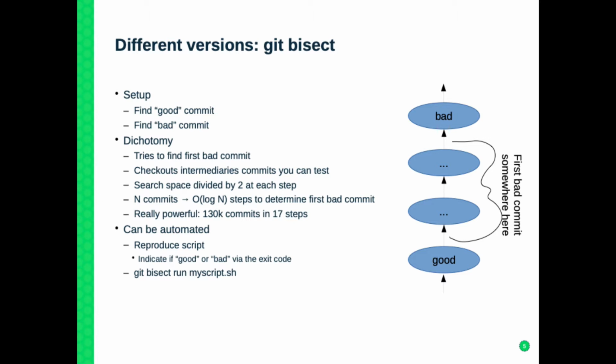By dividing by 2 at each step this way, you save a lot of time. You can find the commit that introduced the issue. This can all be automated with Git. There's git bisect. You can even give it a script to do the test for you, and it will automatically do each step. So it's a very time-saving thing.